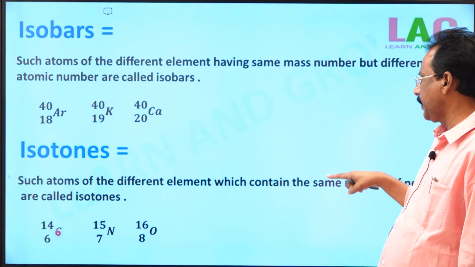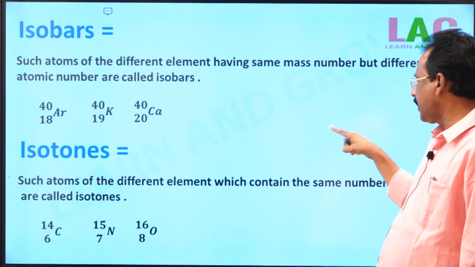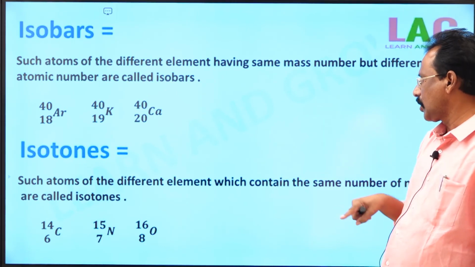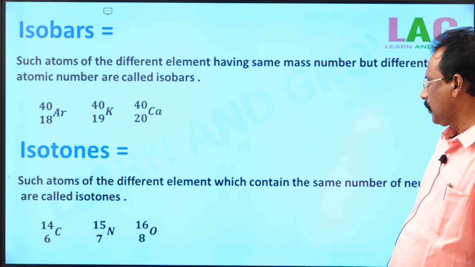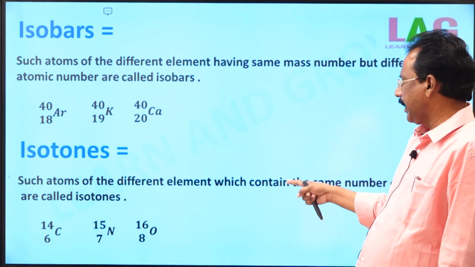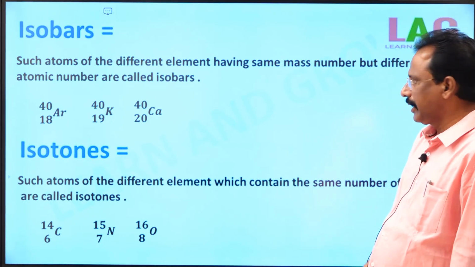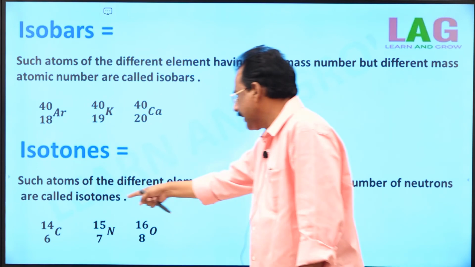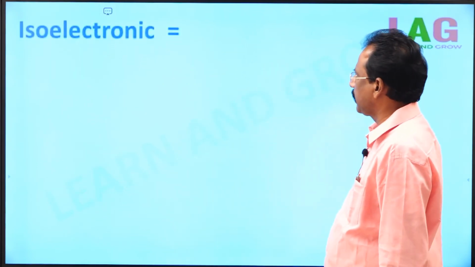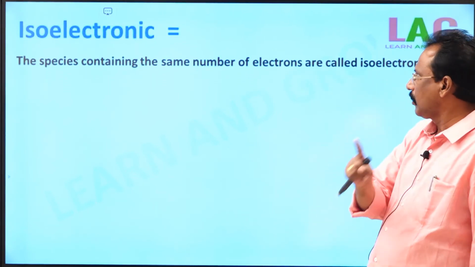So isotones means atoms of different elements which contain the same number of neutrons. The best examples are carbon 14, nitrogen 15 and 8O16. The formula used to calculate the number of neutrons is A minus Z. So 14 minus 6 is equal to 8. In 8O16 also, 16 minus 8 is equal to 8.